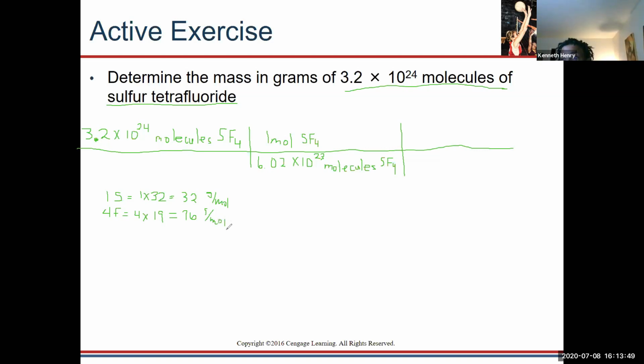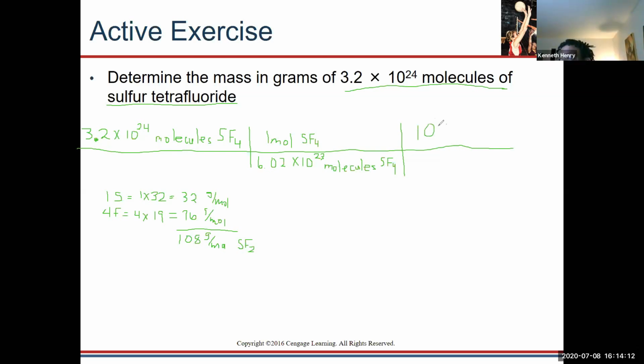Yeah, grams per mole. Okay, so 108.06. I'm being lazy. Then we'll put that in at the top, right? Okay, so I'm going to put 108 here.